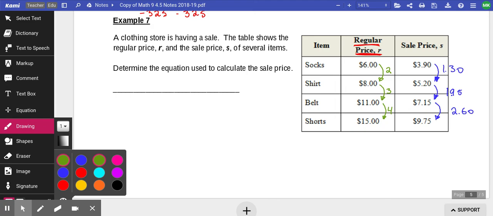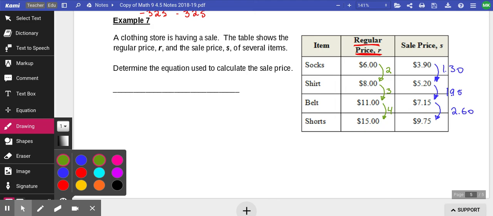To figure out the percentage that something is going up or going down, we're going to have to use division. I'm going to need my calculator for this one. And there's different strategies to do this. So what I would do is I would actually figure out how much something's decreased in price.